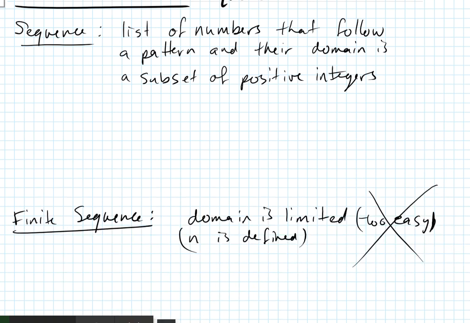Suppose we have some sequence, and each number is a sub n, a subscript n. That is some list of numbers: a1, a2, a3, a4, dot, dot, dot, and the list goes on until you get to the nth term.